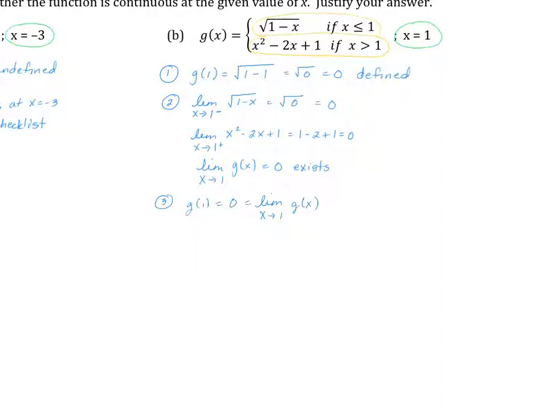So since all three conditions have been met, we can conclude that g is continuous at x equal to 1. And the justification is by the continuity checklist.